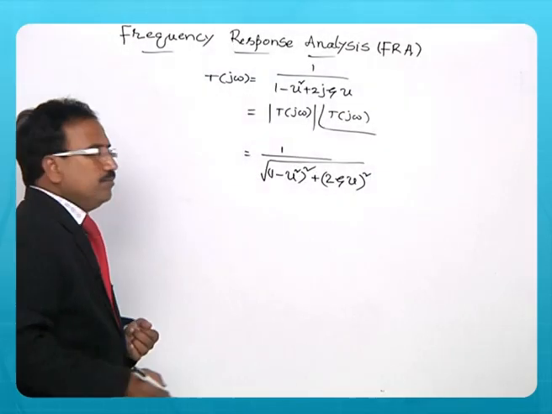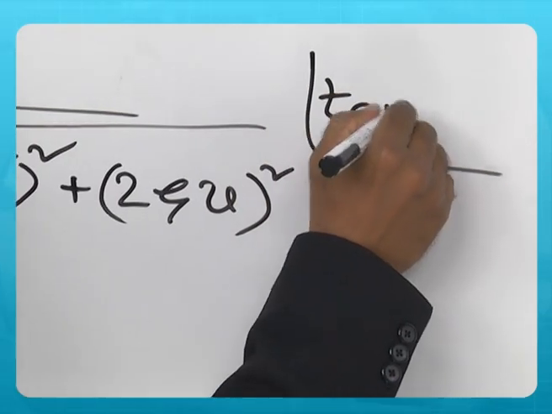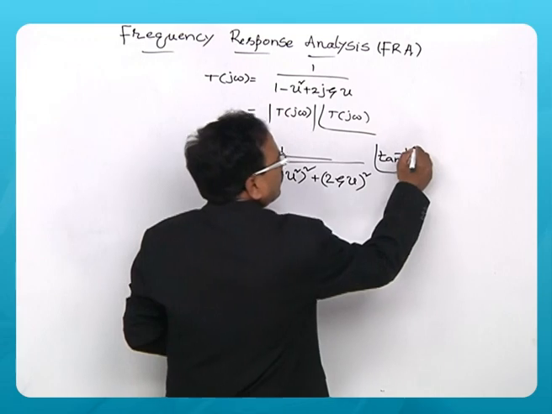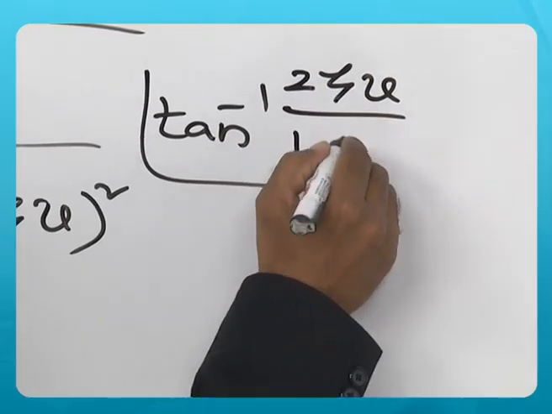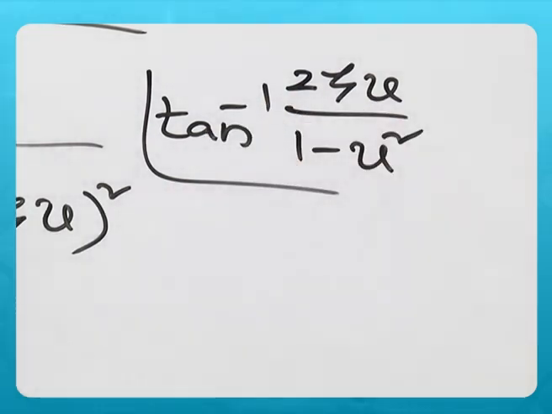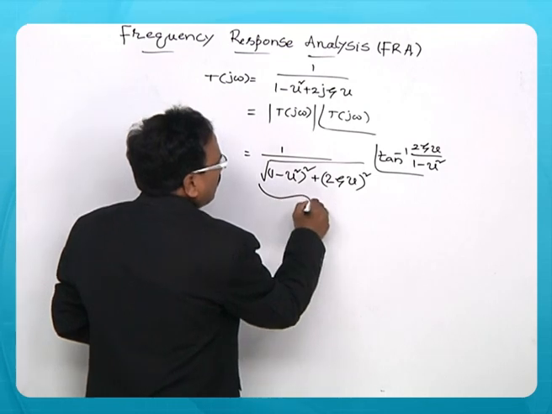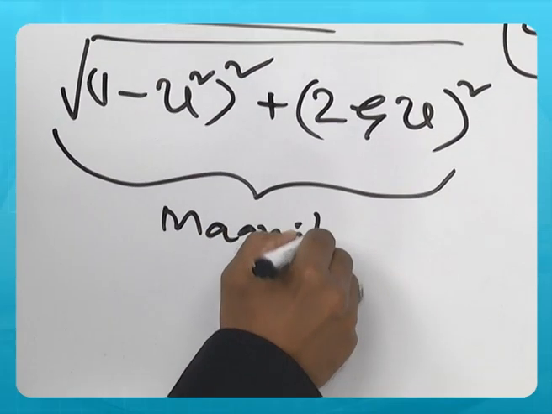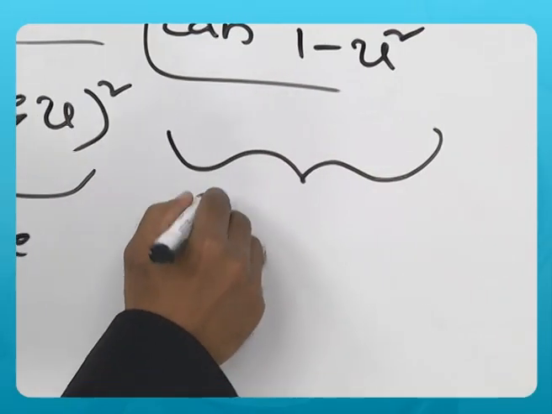This is the magnitude term, and the phase angle is tan inverse of the imaginary term 2 zeta u by 1 minus u square, the real term. So this part is the magnitude term and this part is the phase angle term.